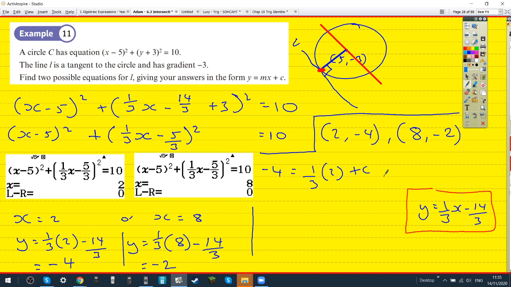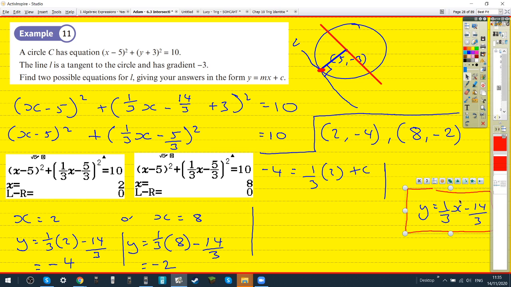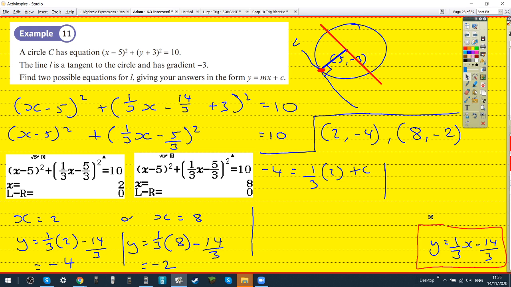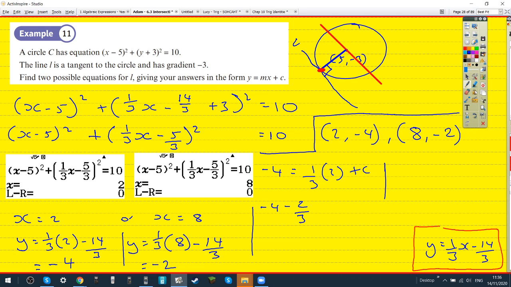So you can use that to get c. Which will give you 2 over 3. So it'd be minus 4 equals 2 over 3 plus c. And then you minus 2 over 3 on both sides. Which gives you c equals minus 14 over 3.